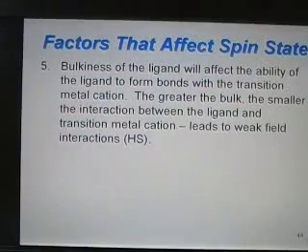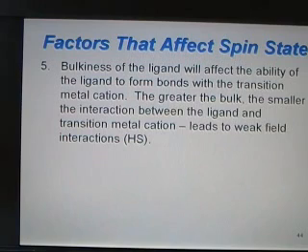The first 4 factors that we talked about that affect the spin state all revolve around the nature of the metal cation. However, the ligands also affect the spin state of the electrons on the metal. So we're going to talk a little bit about that next.